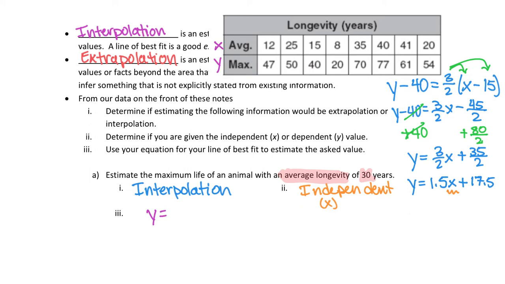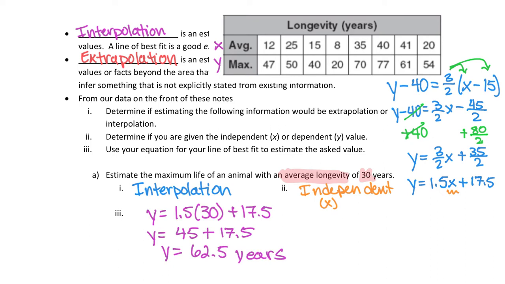We're trying to find the maximum value, so estimate the maximum life, which would be our y. So we've got 1.5 times our x, 30 years, plus 17.5. Let's do 30 times 1.5, and this is 62.5 years.